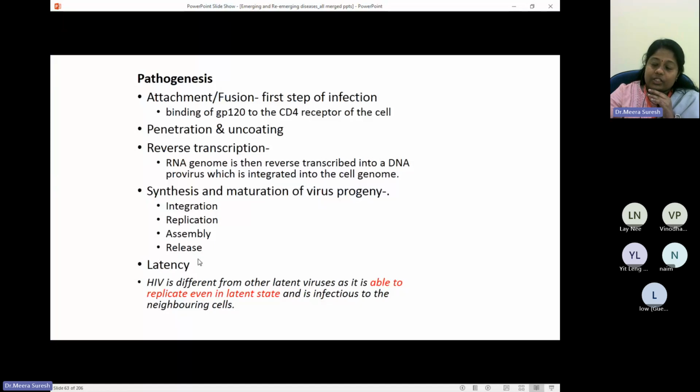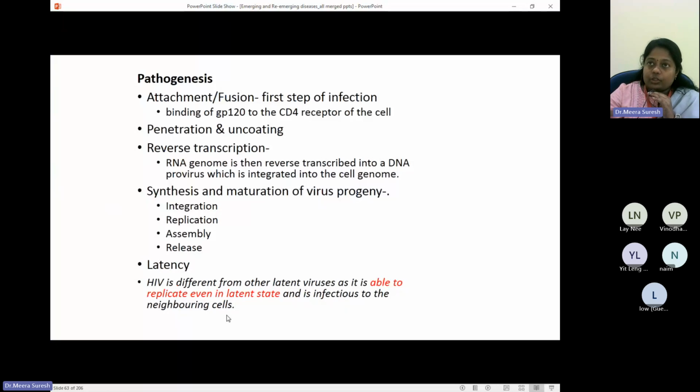Only when the situations are favorable will it become reactive. Otherwise, it is like hibernation. But what makes the HIV virus different is its latency. They are able to replicate even in the latent stage and are infectious to the neighboring cells.